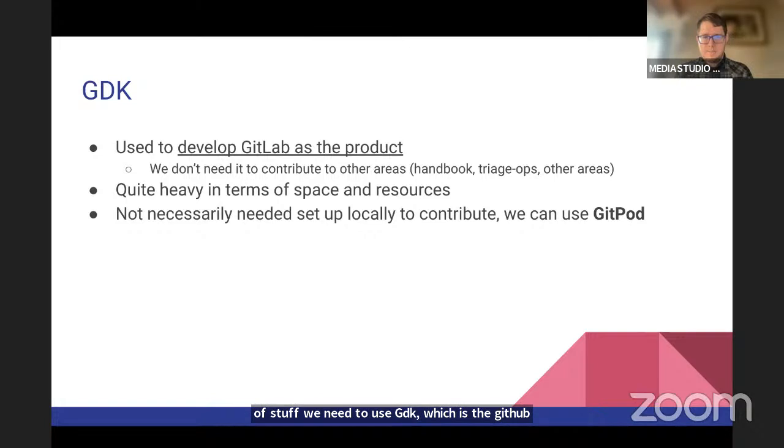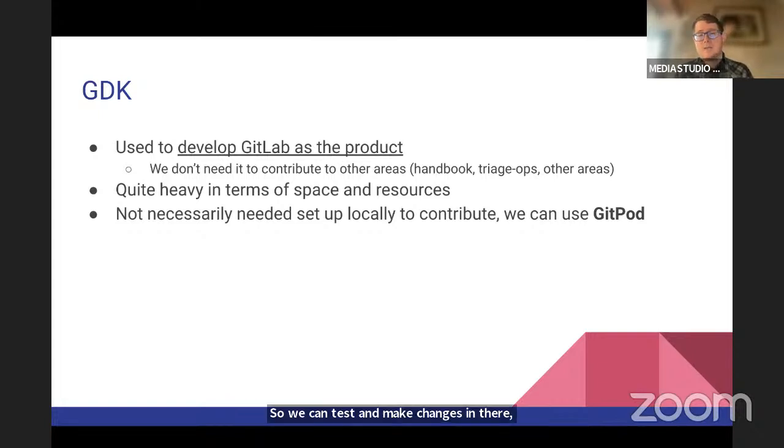We need that because there's a lot of stuff that needs to be set up in the background to actually support the GitLab installation. GDK is basically installing a local instance of GitLab on our local environment, so we can test and make changes in there.